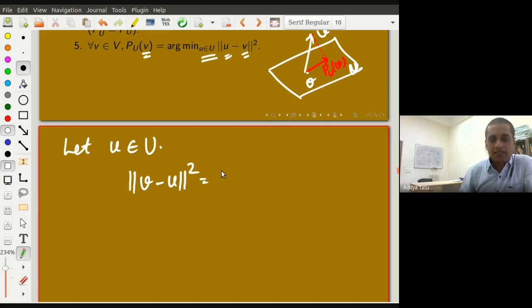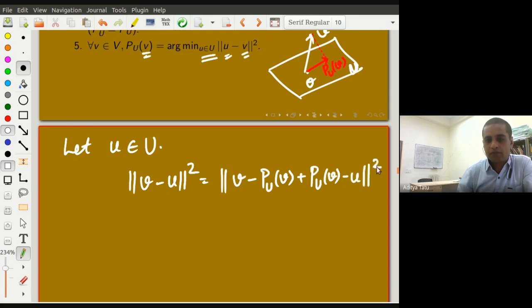Now I can add and subtract a vector in this without affecting the distance. That vector that I'm subtracting and adding is PUv. Do you agree with this? These two cancel out, you get the same thing.